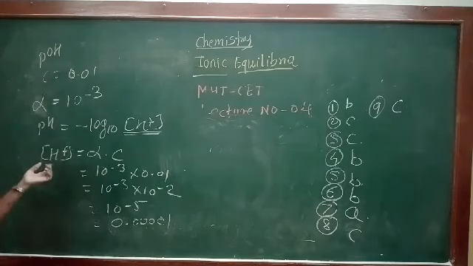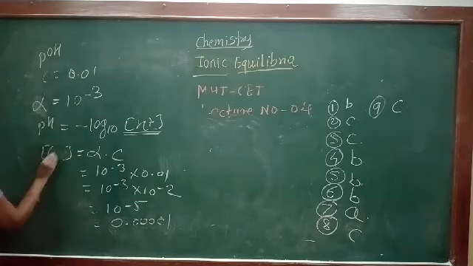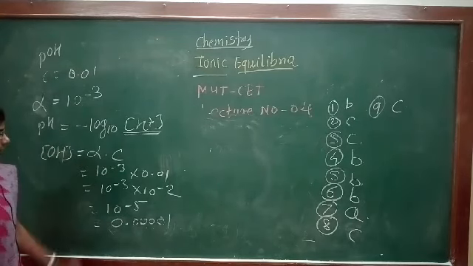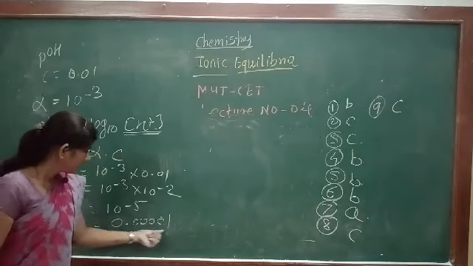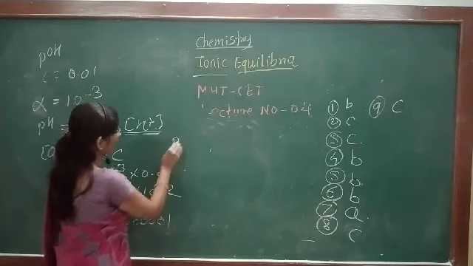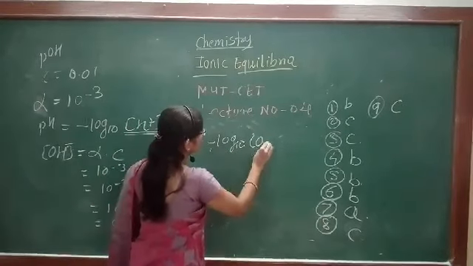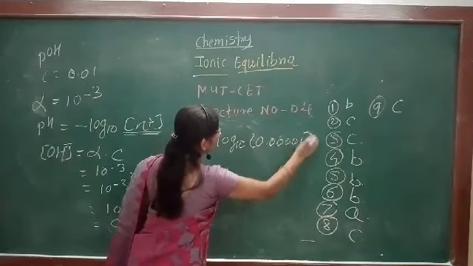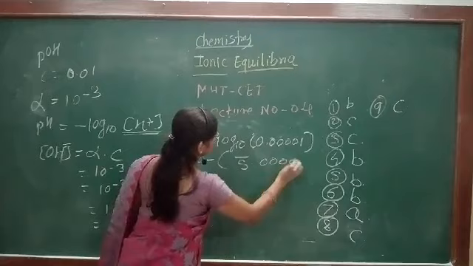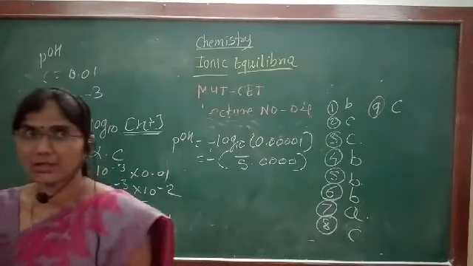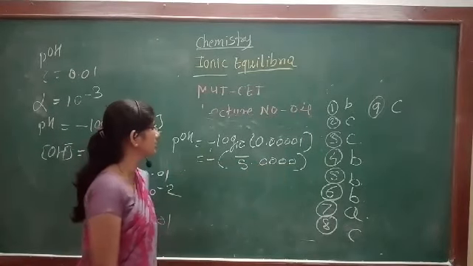From this concentration, H plus or OH minus is equal to alpha into C. Therefore the OH minus ion concentration is this one, and therefore pOH is equal to negative log to the base 10 of 0.0001. What is the characteristic of this? Which is equal to 0 bar 5.0000.